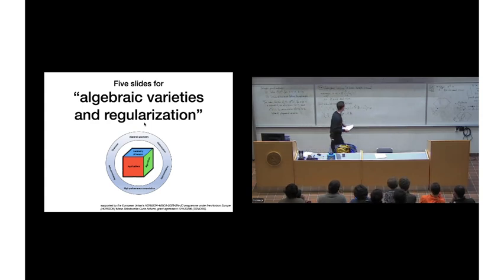Okay, so if we solve this for fixed positive epsilon, I want to eliminate lambda from the equations, right? If I eliminate lambda from these equations, then I see that the reciprocal of x lies in the affine space that is the row span of A plus w over epsilon.